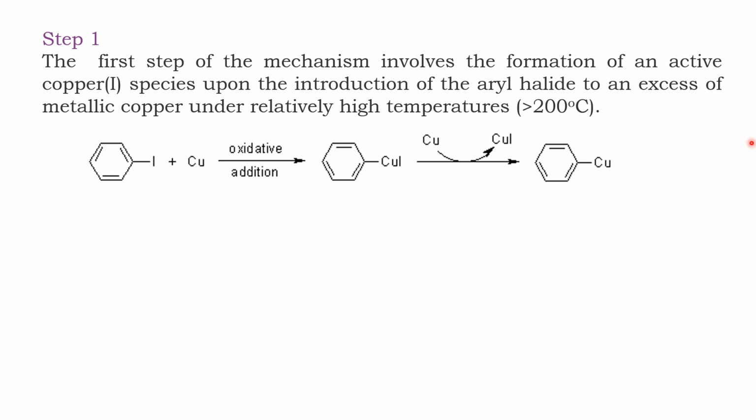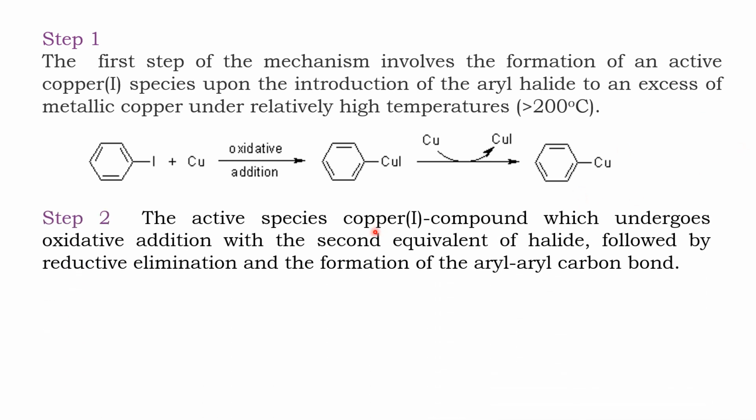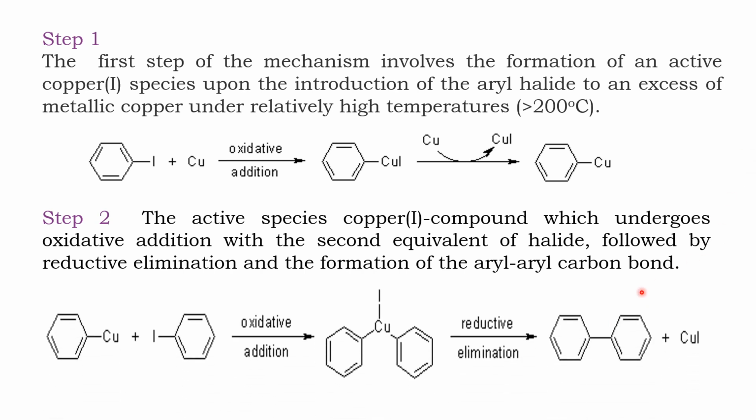In the second step, this active copper species undergoes oxidative addition with a second molecule of aryl halide, so that this copper gets oxidized to Cu+2. So oxidative addition occurs.